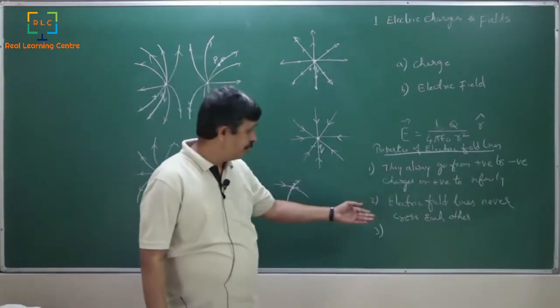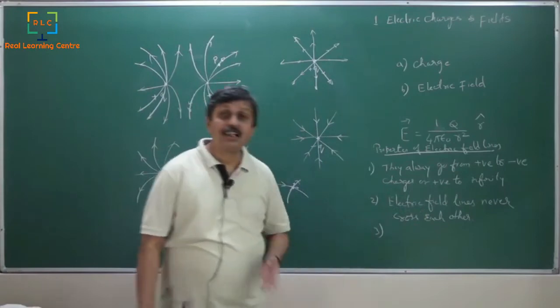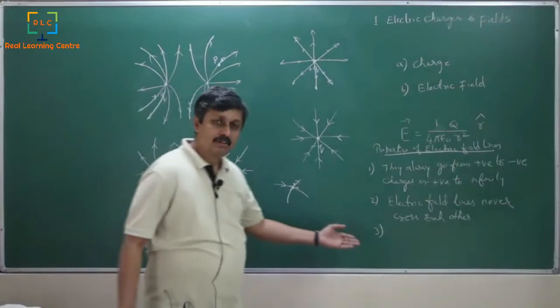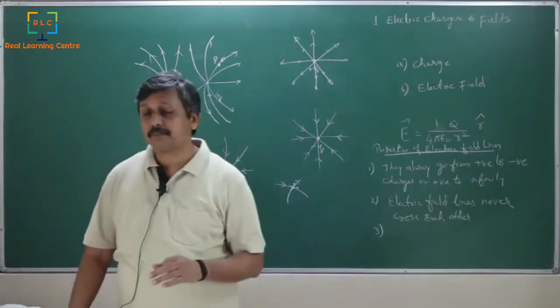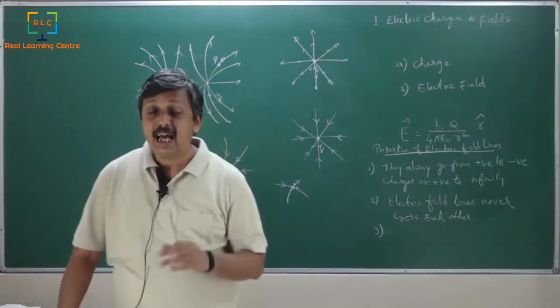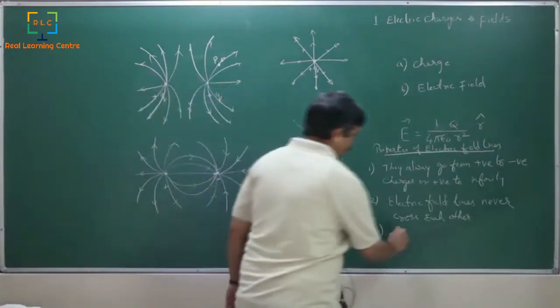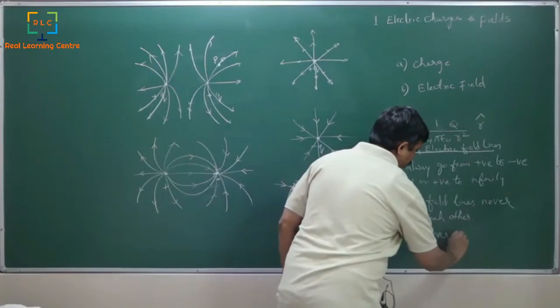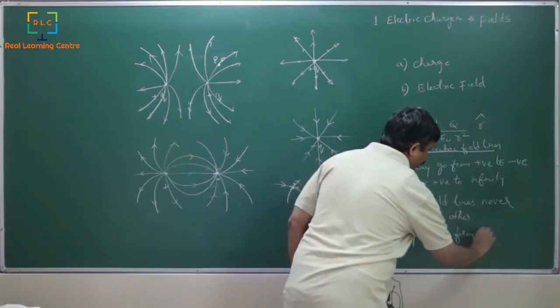Second property: electric field lines never cross each other. And the third one is that they never form loops.